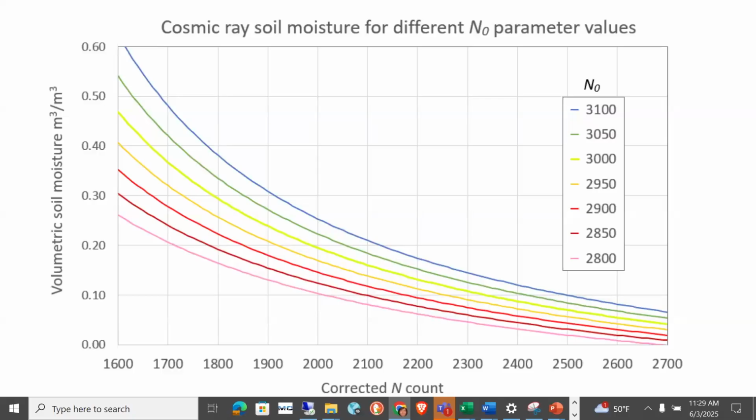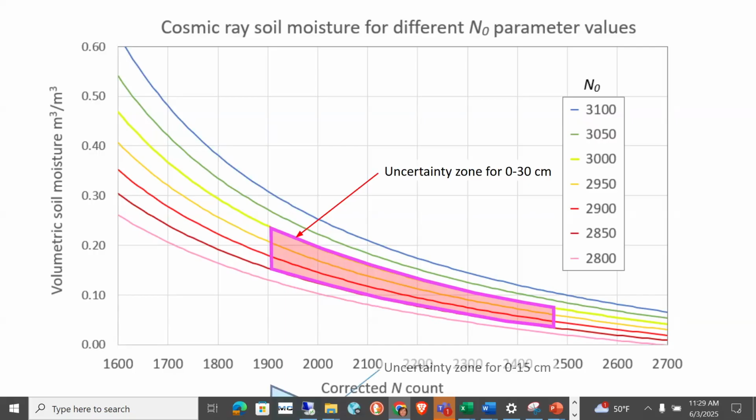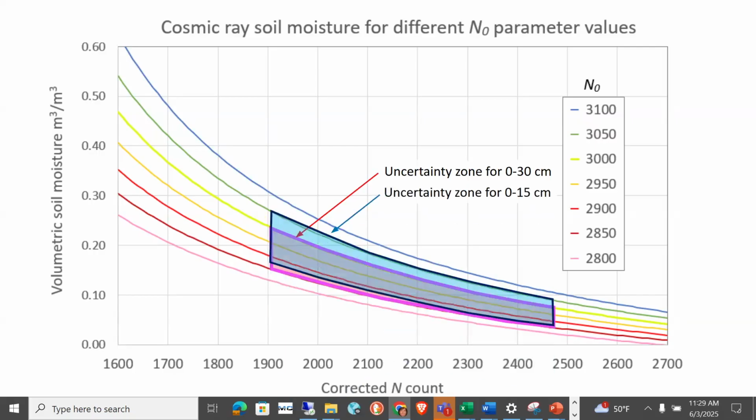So again, bringing up this family of curves, what does this say about our uncertainty? If we look at the 0 to 30, we're really looking in a zone like this. So for any particular calibration date, we could fall anywhere in this envelope. If we look at 0 to 15, it's biased a little higher, it gets a little bigger. 0 to 5, it's actually going biased lower.